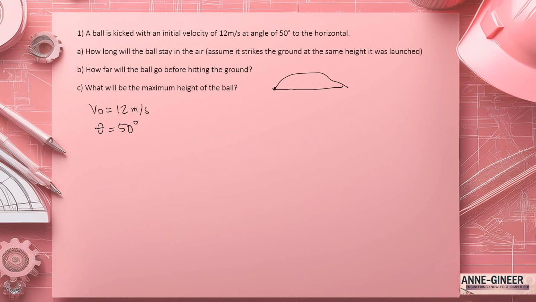This is the initial and this is the final. So we have to use the formula for case 1. For letter A, we have the time of flight t is equal to 2 V0 sine theta over g. So we have the time is 2 times 12 times sine 50 degrees over 9.8 meters per second squared.